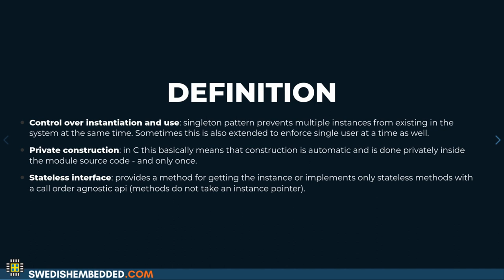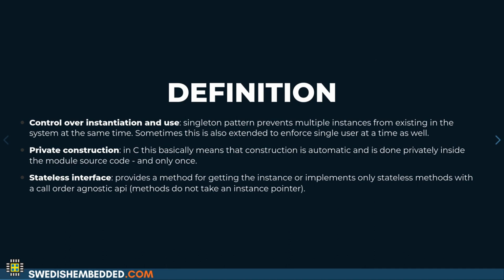And when we're programming in C, we are basically creating a static variable inside the C file, and then we're exposing the functionalities related to that object, either through an API that doesn't take the context as the first pointer, as the self pointer, or an API that does take the context, but then we make sure that we have tight control over who gets to retrieve the instance at any given time.